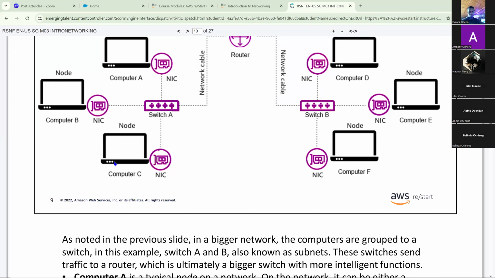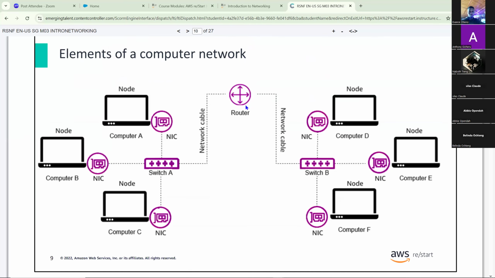And then we have a switch. We will try to map what represents a switch in the cloud. Then we have a router, which in the cloud might represent the internet gateway. Then we have that small network on one side and the other small network on the other side.